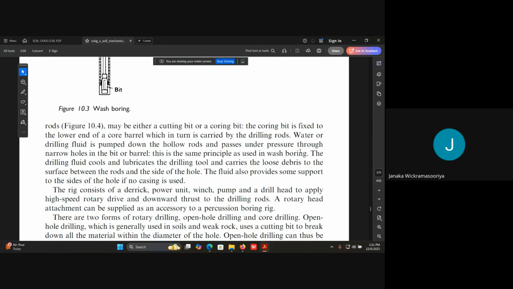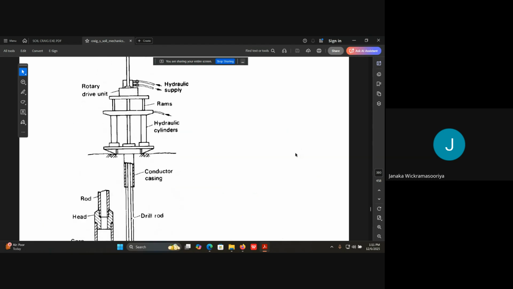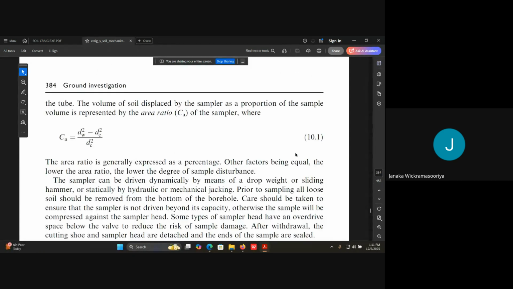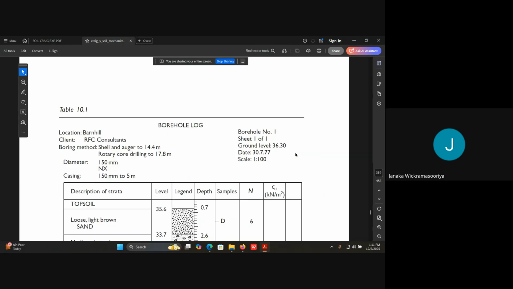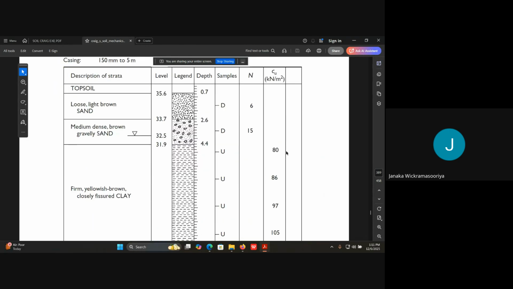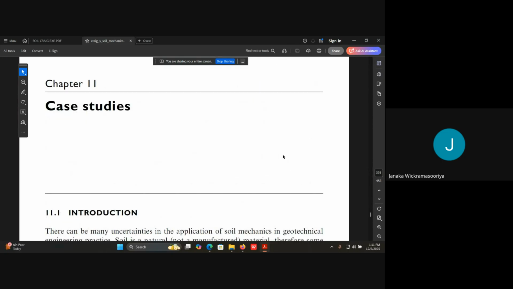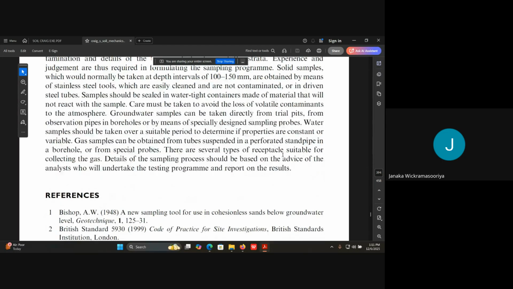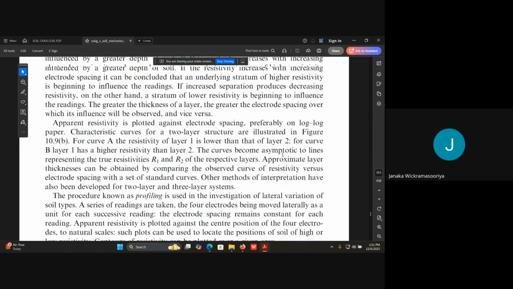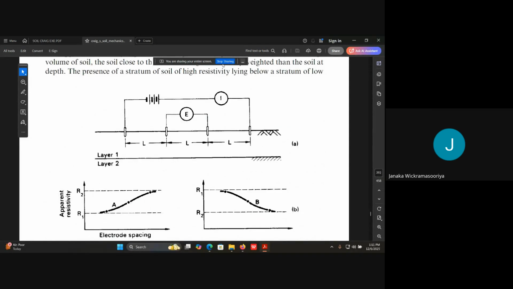Since we have discussed them earlier, I'm not going to explain them again. So a borehole log sheet is there. I will take one question from there.